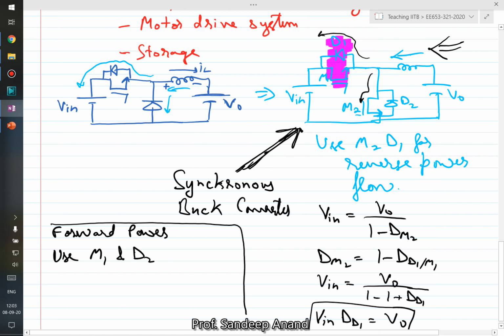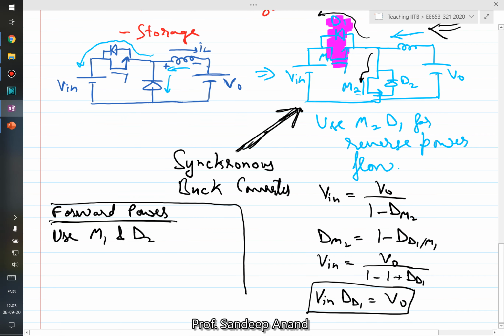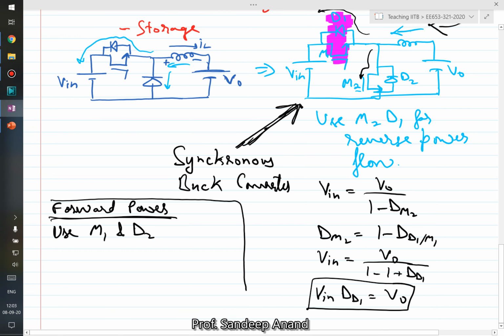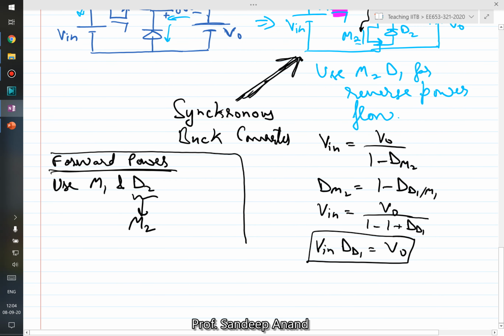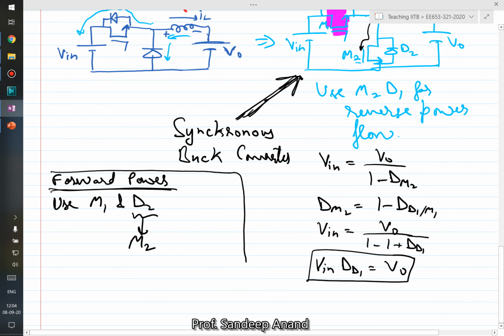You don't have to turn on M2 if you're only doing forward power. But then a lot of times you would see that in applications where you require high efficiency, people do turn on M2, right? So instead of D2, people turn on M2. Then what happens is that the channel gets created in the MOSFET, and instead of current flowing through the body diode D2, the current flows through the channel of M2.